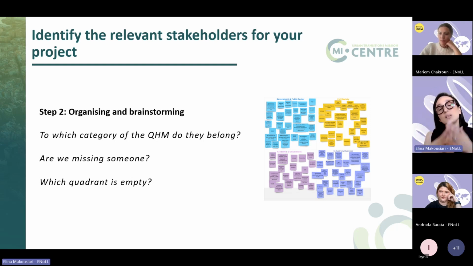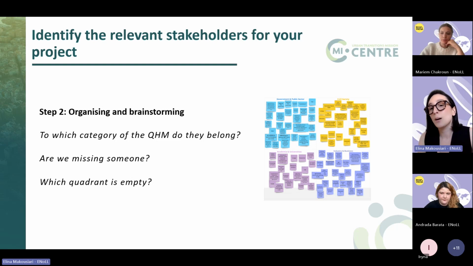Of course, this is the very first step when starting a project or a specific activity, and this is a living document, a living mapping. Throughout the course of a project, or when you want to change an activity, you may need some of those stakeholders.